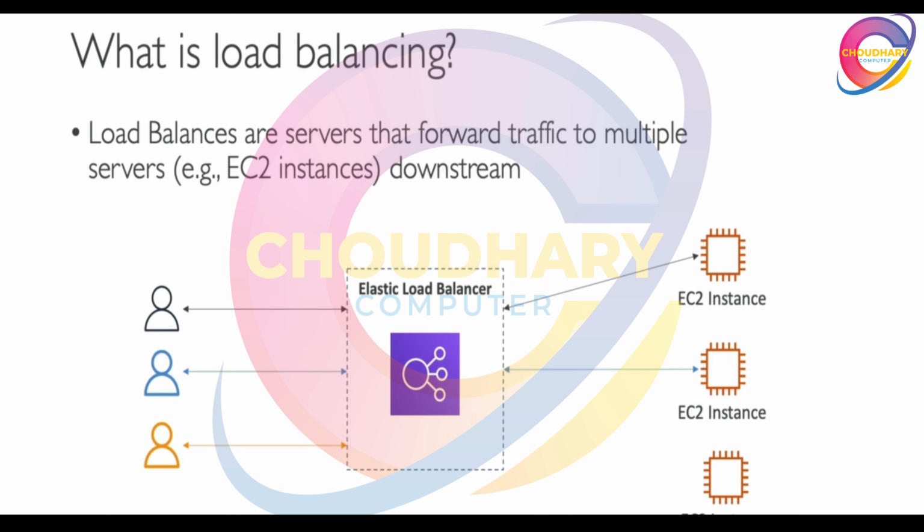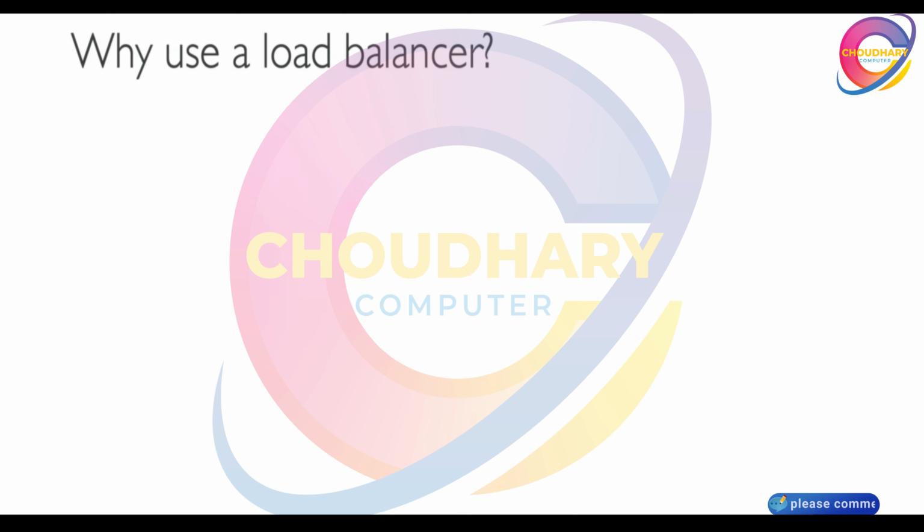And then finally, if a third user is connecting to your Elastic Load Balancer, that user will again be load balanced and sent to the third EC2 instance. So the idea is that the more users you have, the more the load is going to be balanced across EC2 instances. But your users do not know which backend instances they're connected to. They just know that they have to connect to your Elastic Load Balancer, which gives them one endpoint of connectivity only.